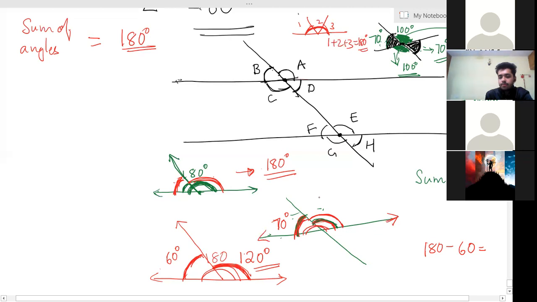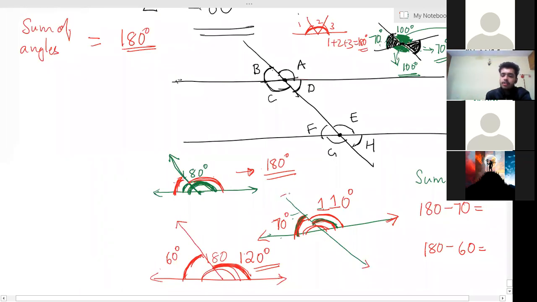You have to subtract: 180 minus 70 is how much? It is 110 degrees, right? Yes.